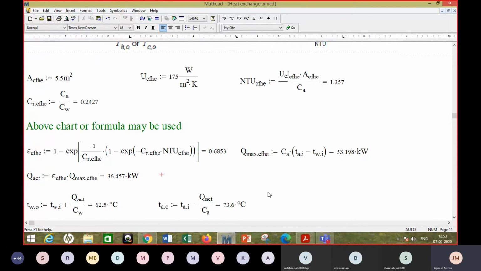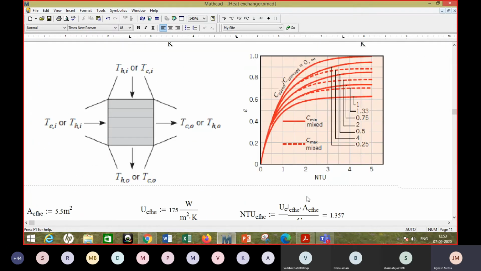Okay. So one problem on the effectiveness NTU method was demonstrated here, right? So this is a cross flow heat exchanger. Many times these types of heat exchangers are used, right? If you think of a condenser of an air conditioner, that is also a cross flow heat exchanger.